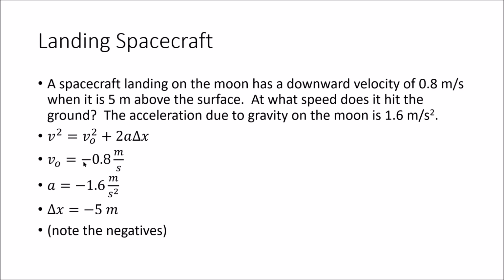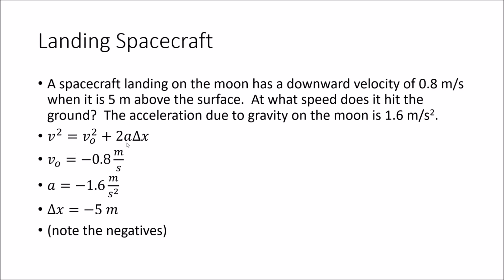Now, that's not going to matter at all because we immediately square it up here. This initial velocity gets squared. Therefore, what does it matter if it's positive or negative? It's going to end up being positive in the end, but it's still good to remember to make this stuff negative. The acceleration is also going to be negative 1.6 meters per second squared.